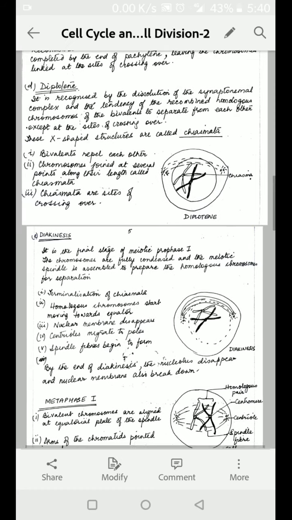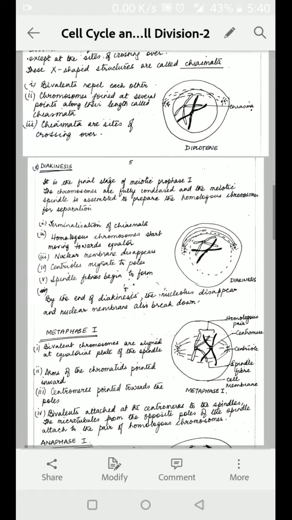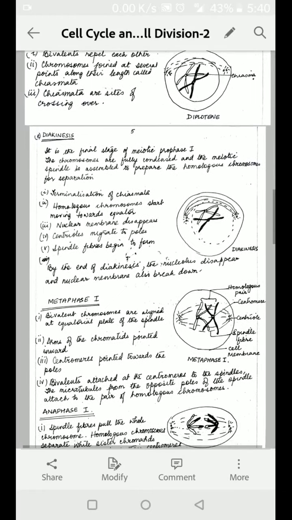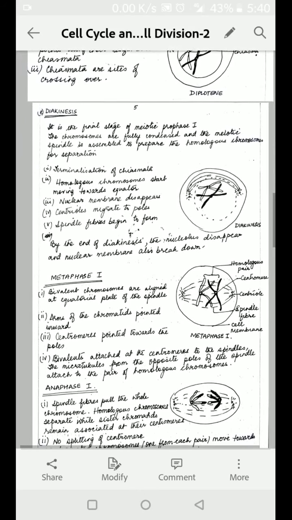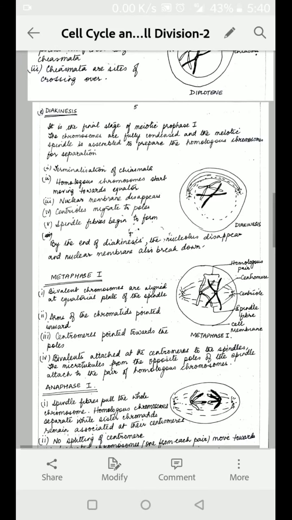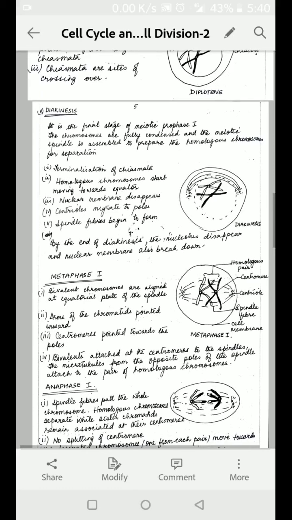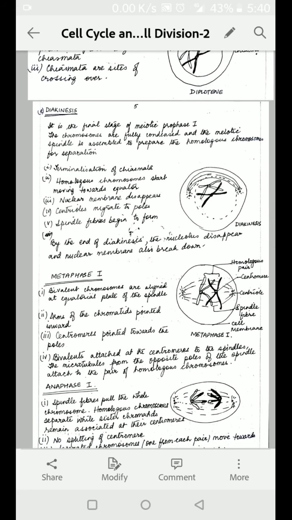Now, after prophase 1, we come to the next stage, which is metaphase 1. The characteristic events that occur here are that the bivalent chromosomes are aligned at the equatorial plate of the spindle. The arms of the chromatids point inward and the centromeres point towards the poles.